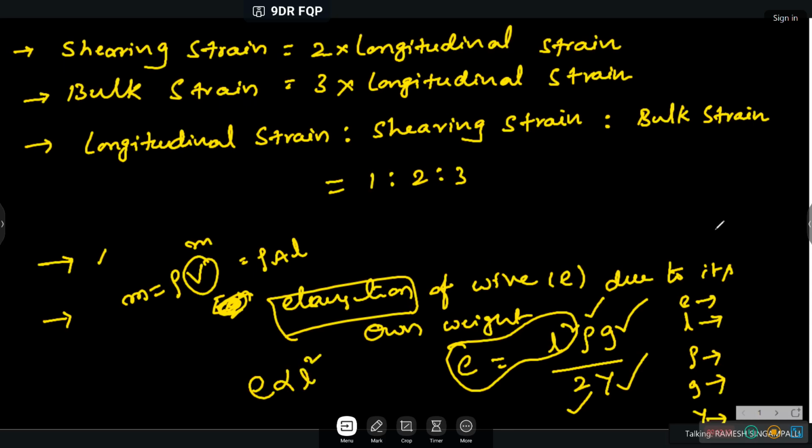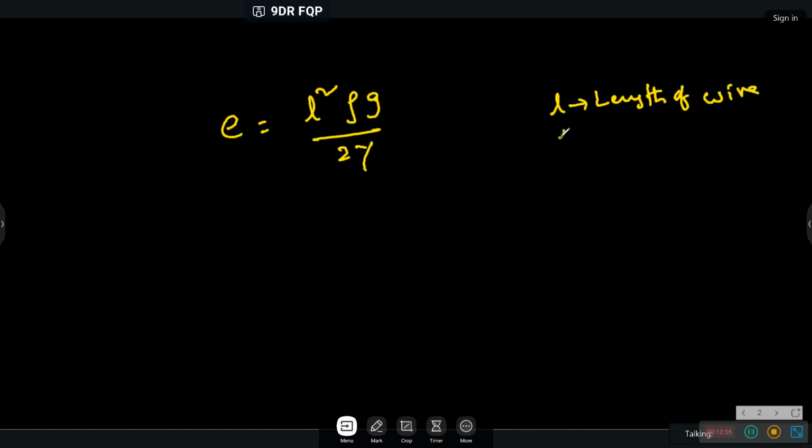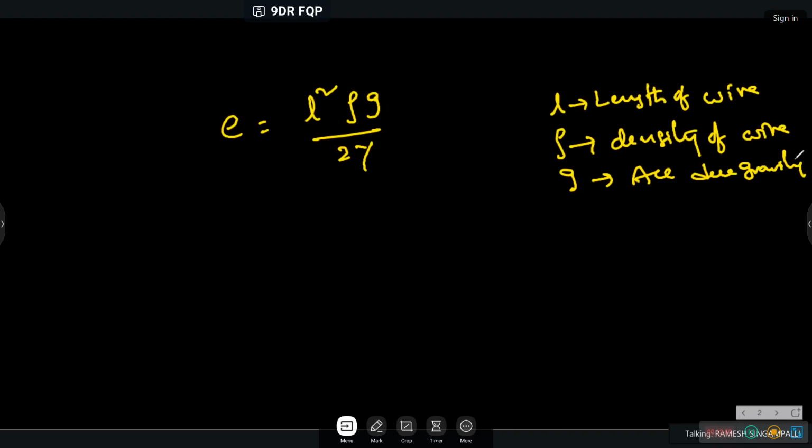Write these things first. E is equal to L square rho g by 2Y, where L is the length of the wire, rho is the density of the wire, g is acceleration due to gravity, Y is Young's modulus, E is elongation.